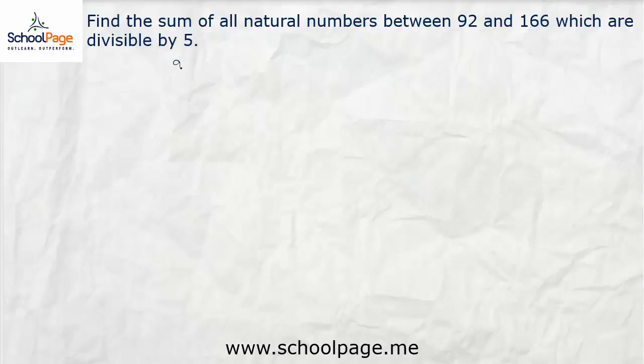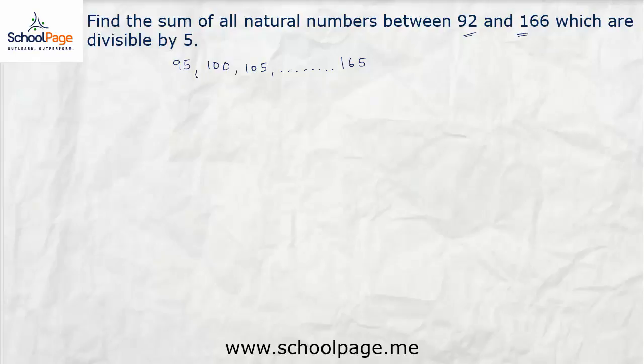So the first number will be 95, the next will be 100, then it will be 105, and it will go on, and the last number which will be divisible by 5 for this range of numbers will be 165.